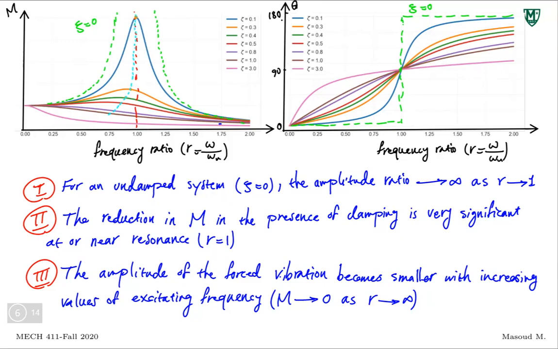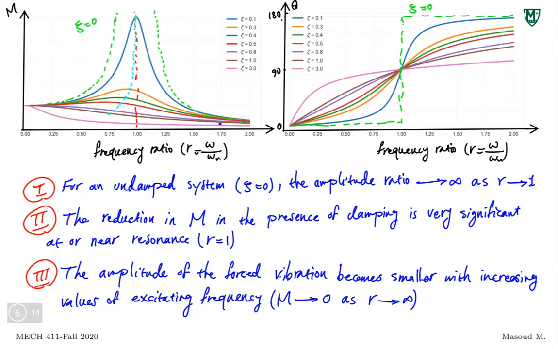What does this tell us? It tells us that the frequency ratio at which the maximum amplitude occurs is not the same as resonance. So at resonance, when we had a spring mass system, the maximum amplitude was happening where the resonance was, meaning whenever the excitation frequency and natural frequency were the same.